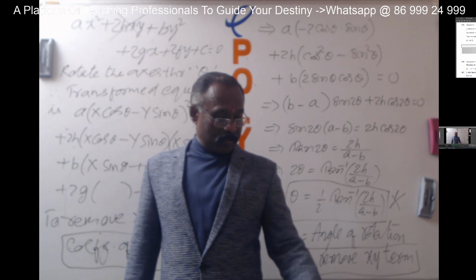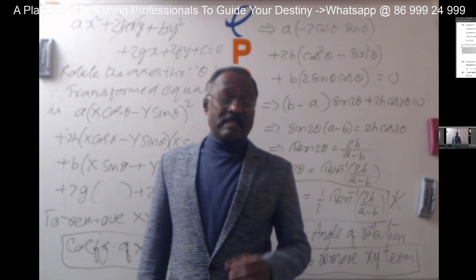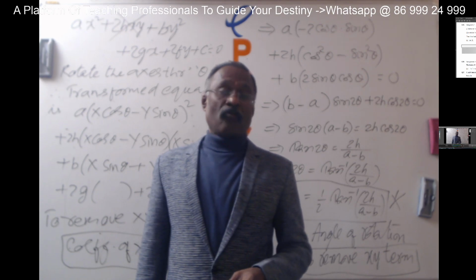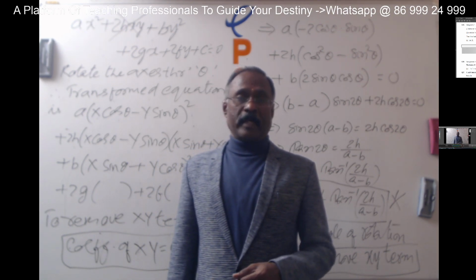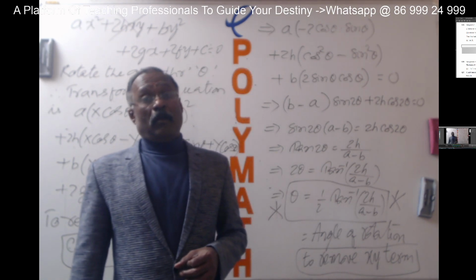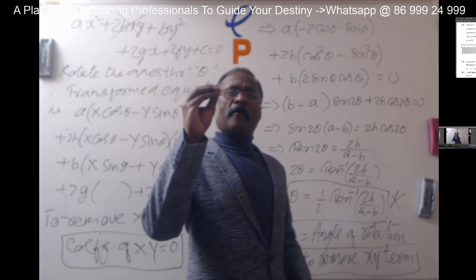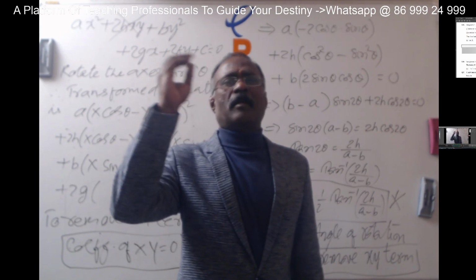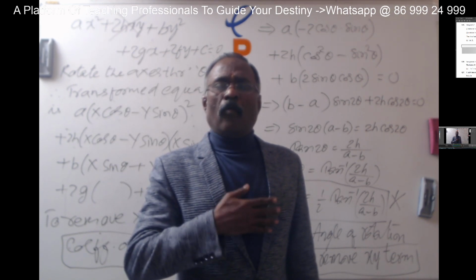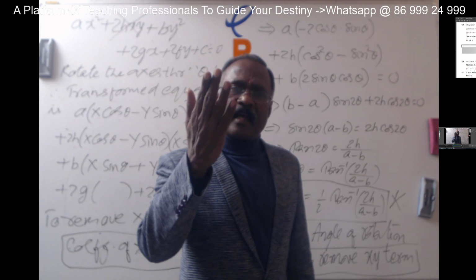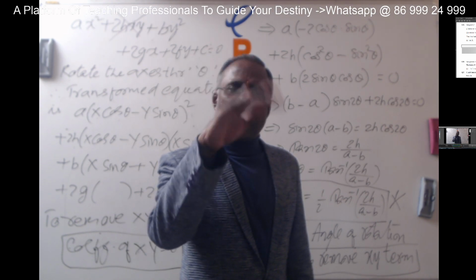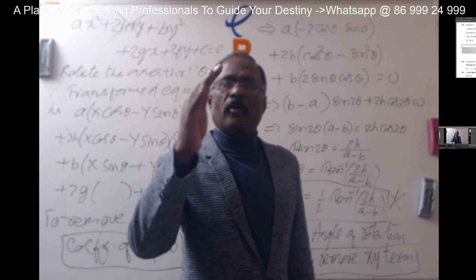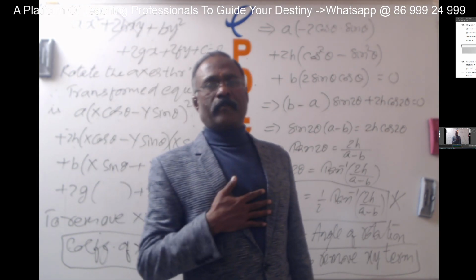So, whenever the slope of a line is taken and the origin is shifted to some other point x1, y1, whatever the slope of the line is with respect to the original axis, the same slope remains with respect to the new axis also.